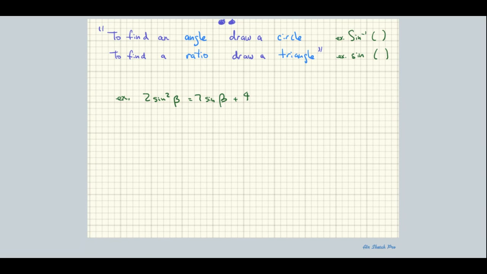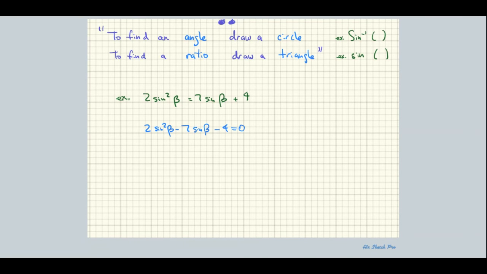So, here we go. Let's go ahead and solve this as if it was a quadratic. 2 sine squared beta minus 7 sine beta minus 4 is 0. And this is a quadratic in the variable sine beta.